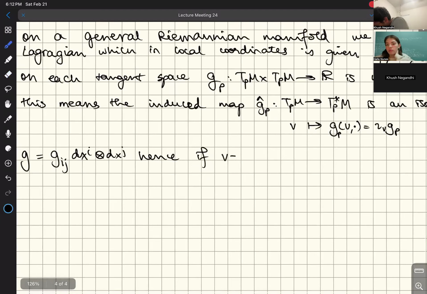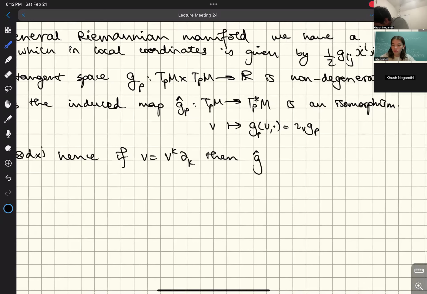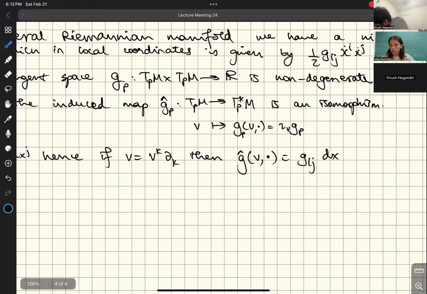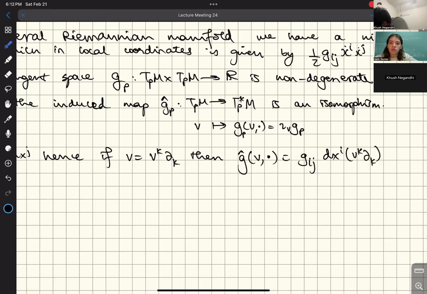So hence if V equals VK partial K, then G hat of V with nothing would just be Gij dxi VK partial K dxj, which simplifies down to Gij vi dxj. Okay. Does this computation make sense?